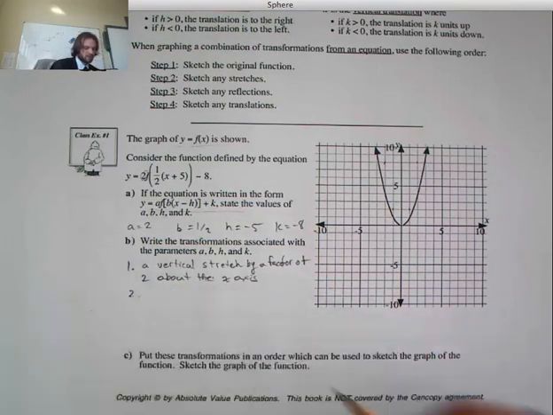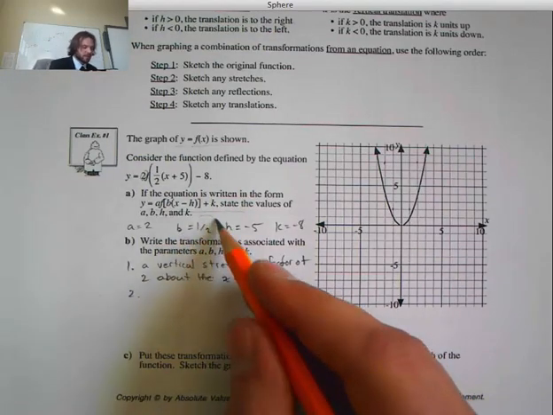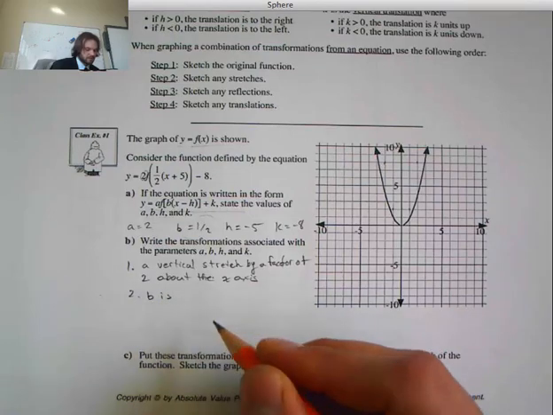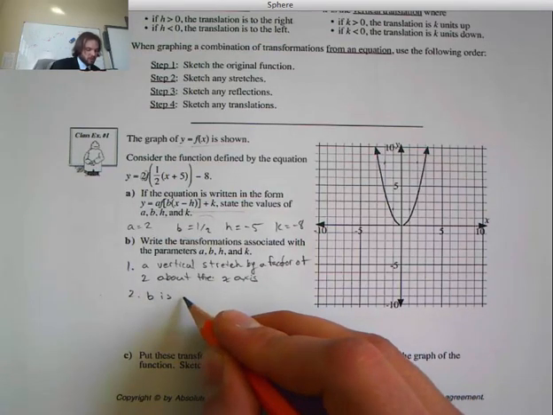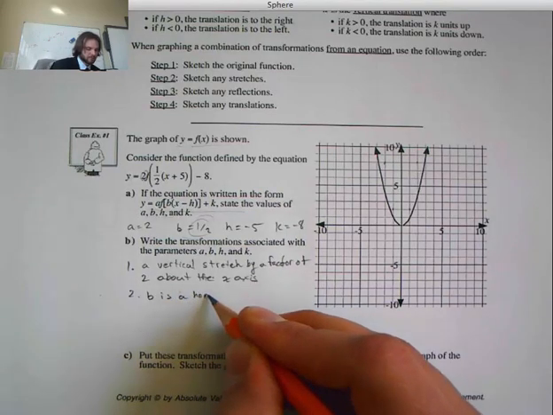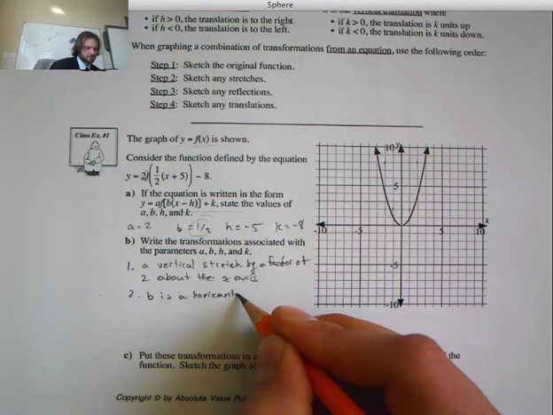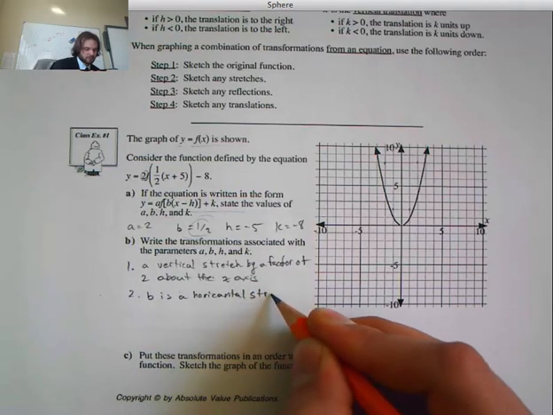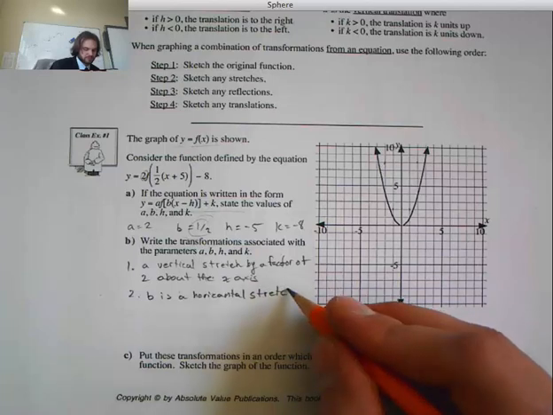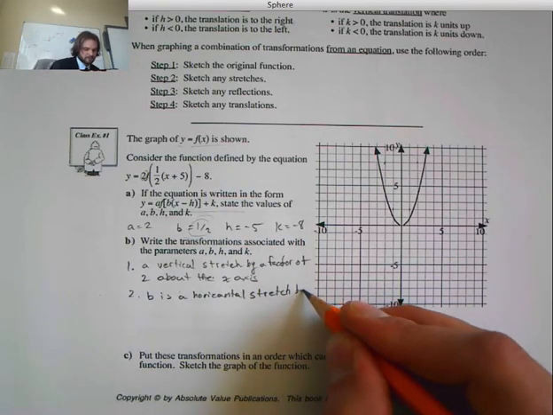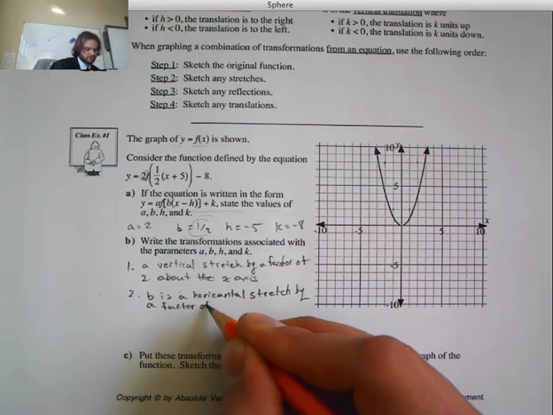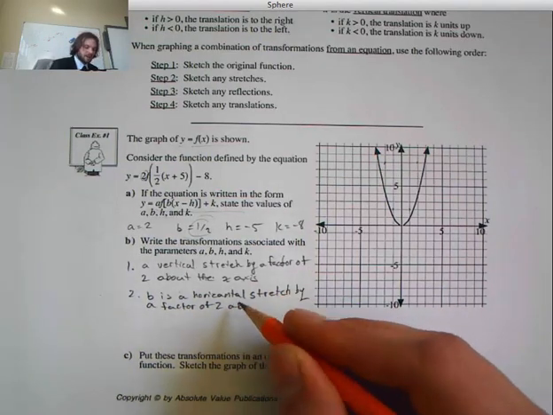Okay, let's take a look at number 2. b is 1/2. That is a horizontal stretch, because remember that's with the x, by a factor of 2 about the y-axis.